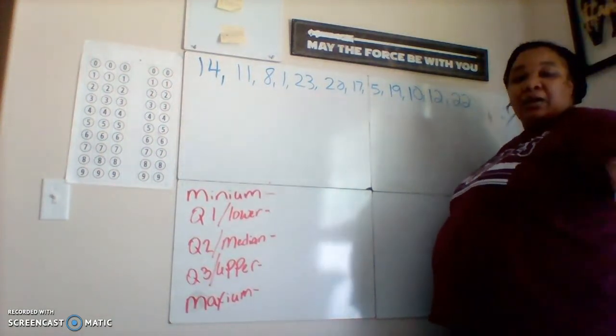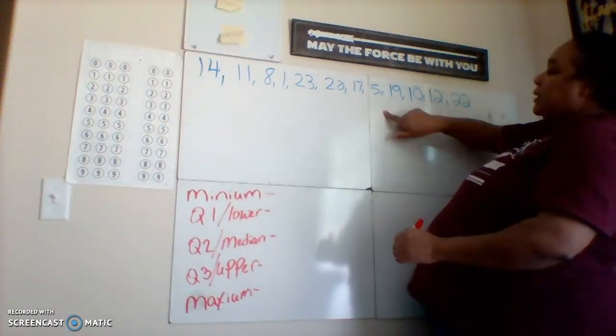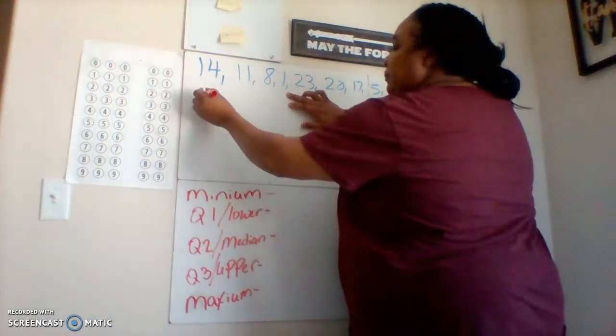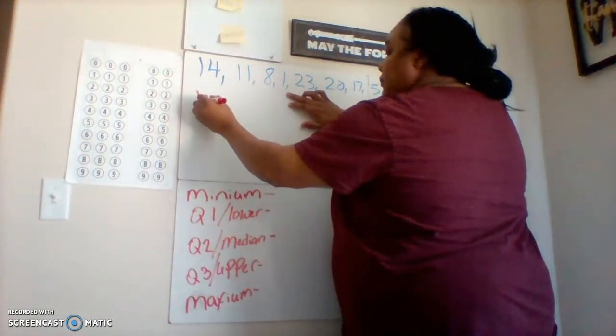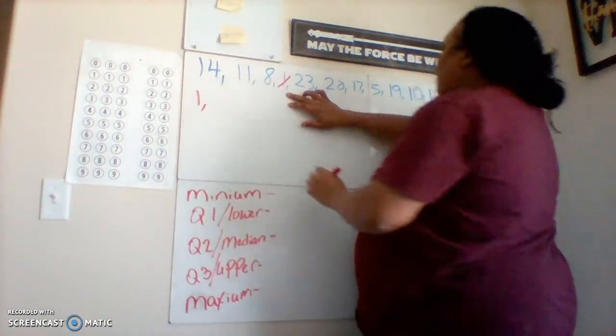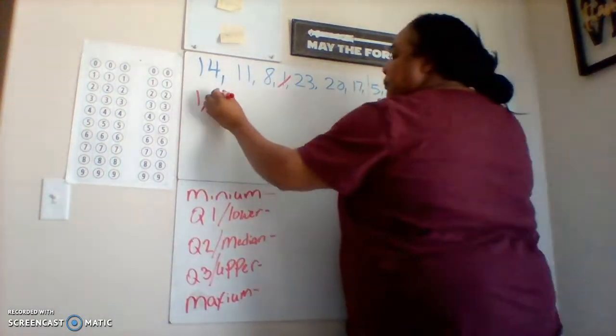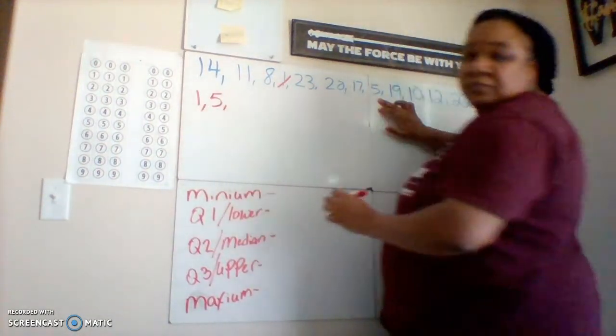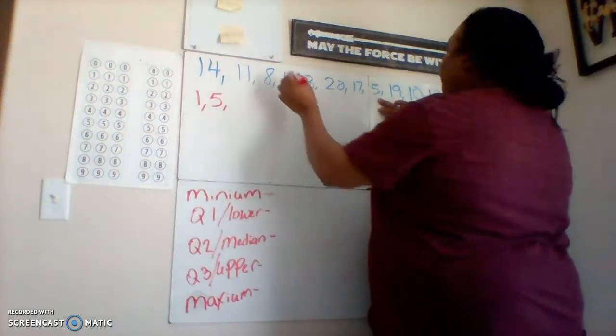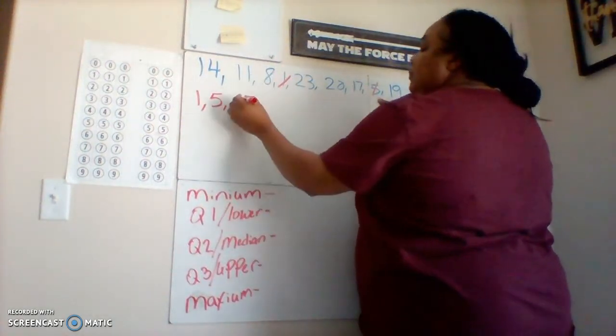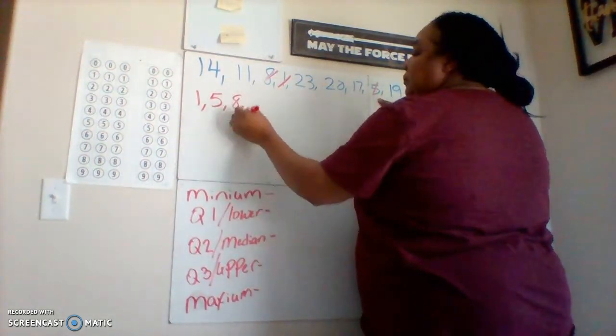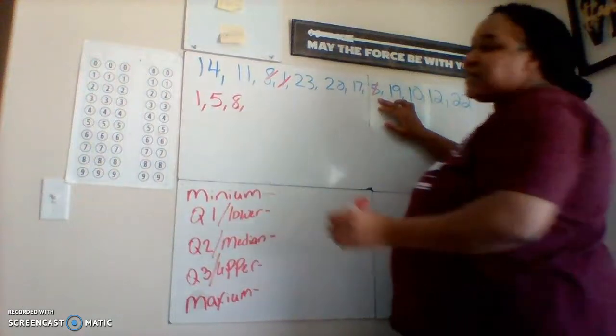Our first number is 1. We got a 5. We have 8. We have 10.